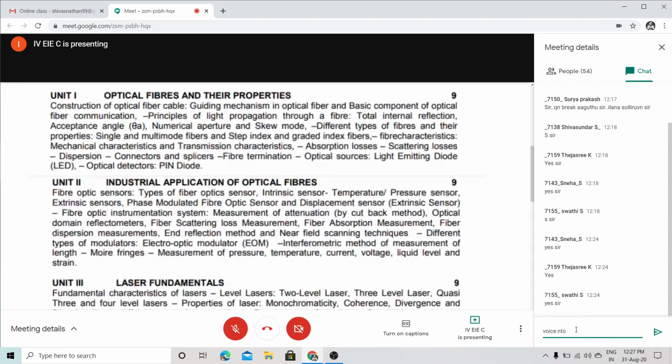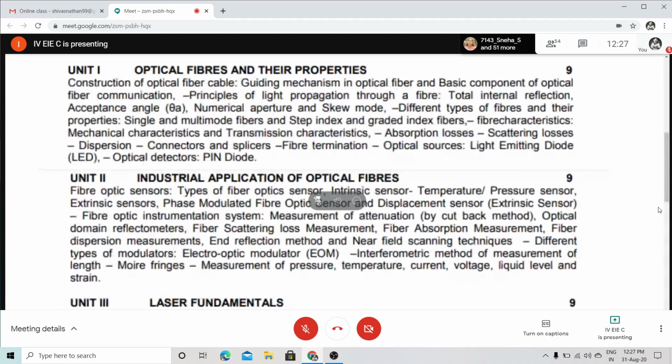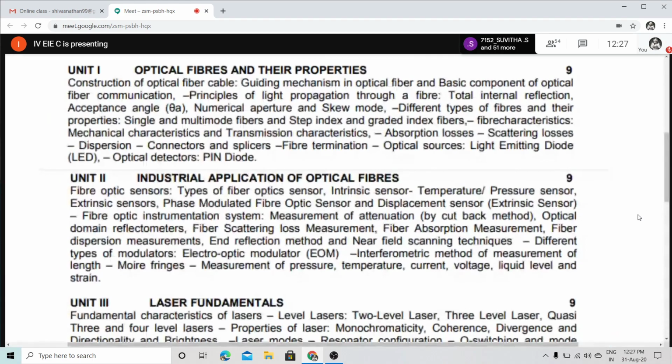Whereas a passive sensor doesn't require a supply, right? Is it so? Okay, thank you.